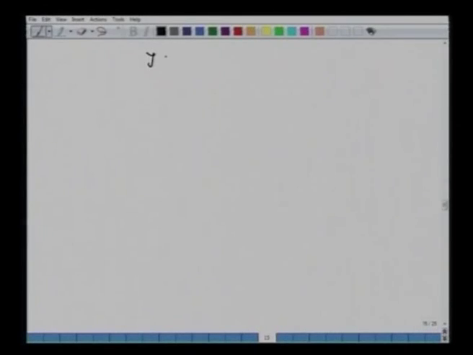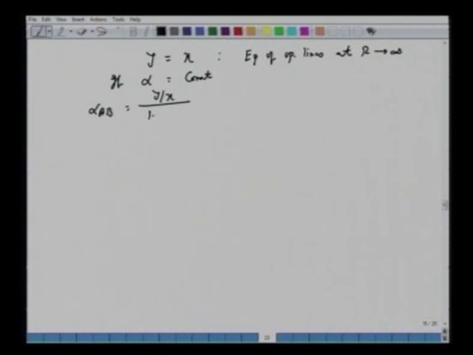So what we want to do here is that we have y equal to x, which is the equation of the operating line at infinite reflux ratio, and if we assume the relative volatility alpha is constant, then recall the definition of alpha AB as y over x times 1 minus x over 1 minus y.